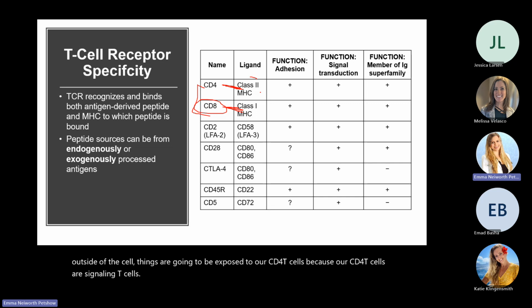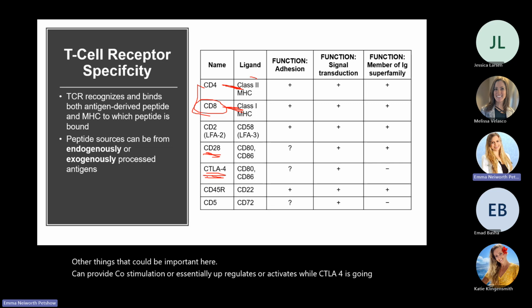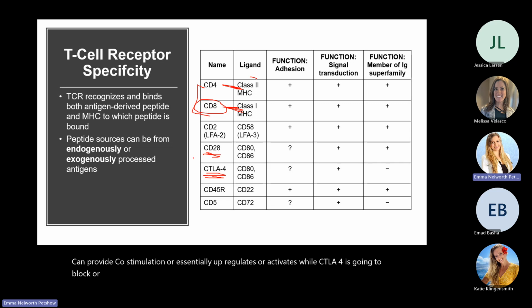Other things that could be important here: CD28 can provide co-stimulation, essentially upregulating or activating, while CTLA4 is going to block or brake. So what can increase an immune reaction? CD28. What can decrease an immune reaction? CTLA4.